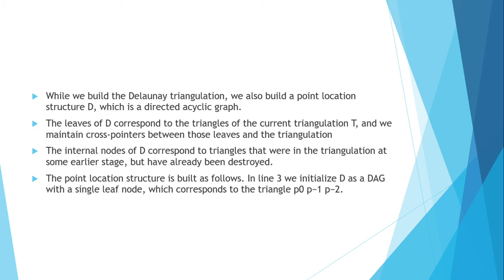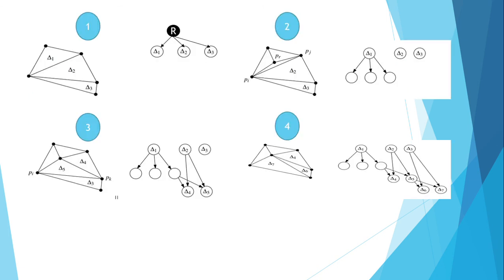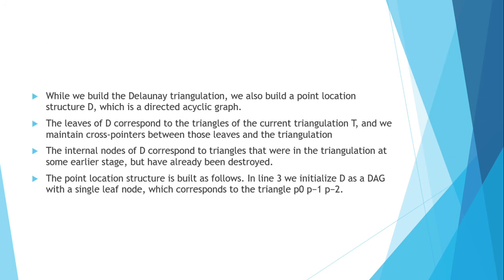The leaves of D correspond to the triangles of the current triangulation, and we maintain cross pointers between these leaves and the triangulation like this. The internal nodes correspond to triangles that were in the triangulation at some earlier stage. That is, as the triangulation grows, the internal nodes correspond to the stages in the process.